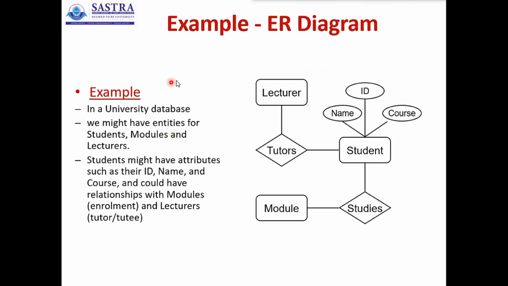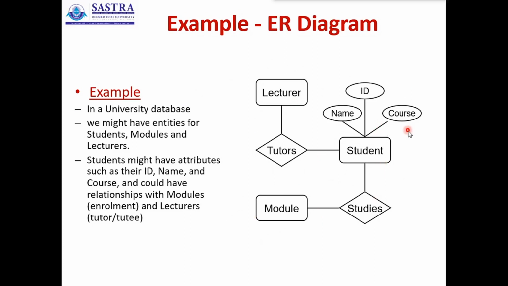What information do you need to store? You need to store information about the teaching faculty, about the students, and various information related to the courses. This is not a complete diagram; for a brief discussion here I am using this particular ER diagram.